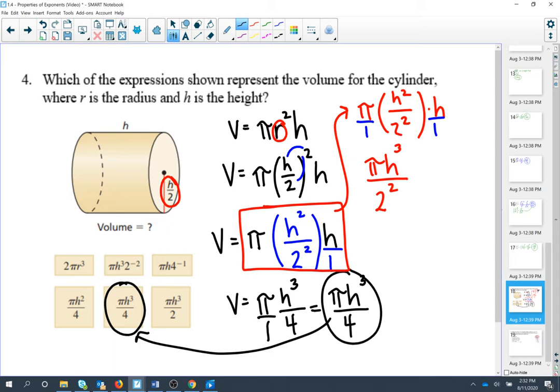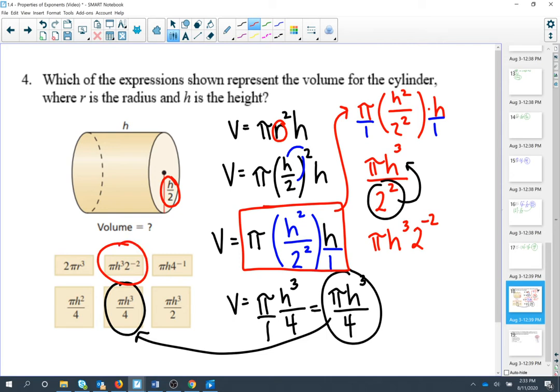But if I look at what they've got right here, they've got a 2 to the negative 2. So if I take my 2 and I do the reciprocal and stick it in the numerator, that would mean that I have to use a negative exponent. So I could do pi times h cubed times 2 to the negative 2, because you bring it up to the numerator, which would be this guy right here.